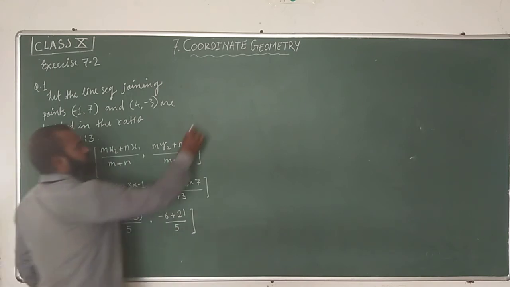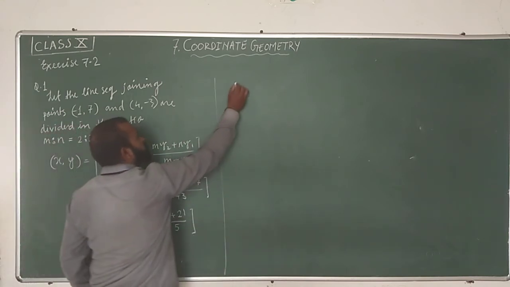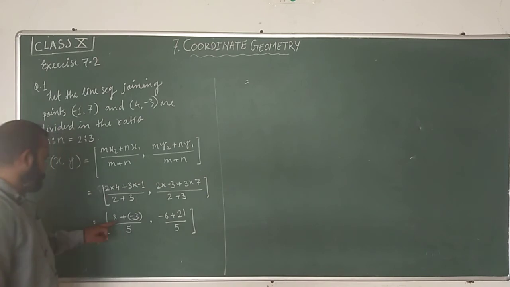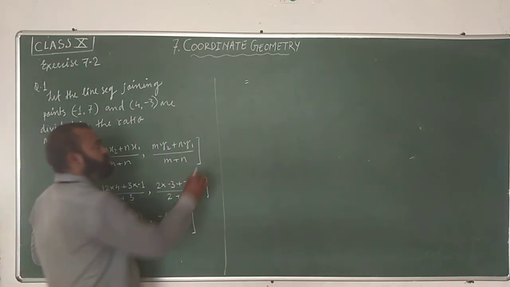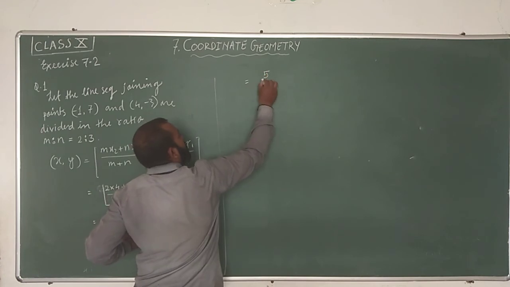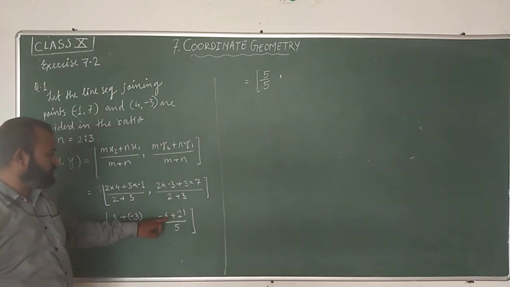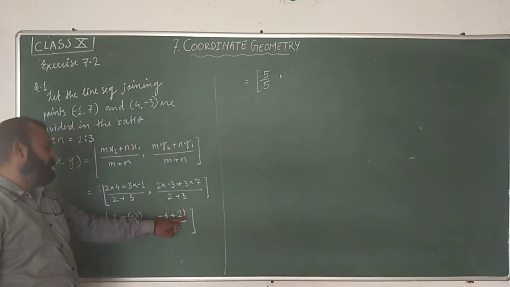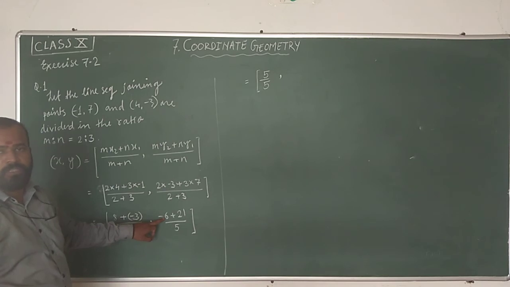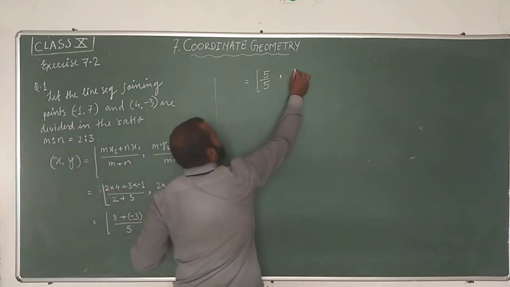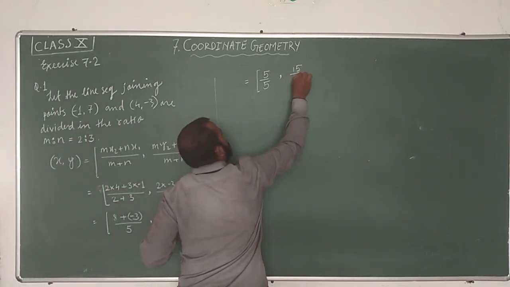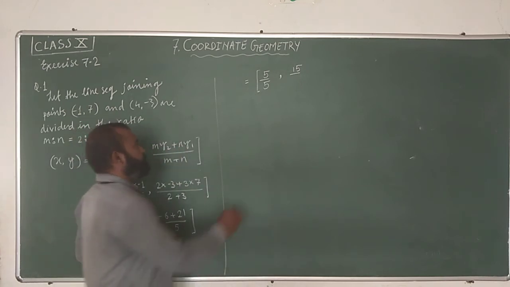So 8 minus 3 is 5 upon 5, comma, minus 6 plus 21, subtract 6 from 21, it will be 15 upon 5.